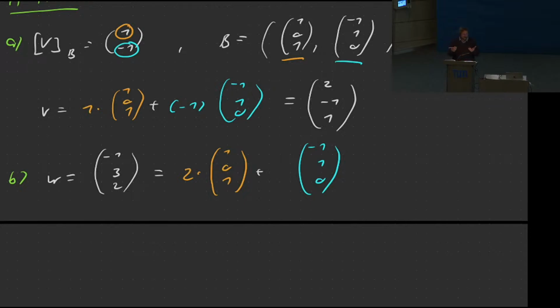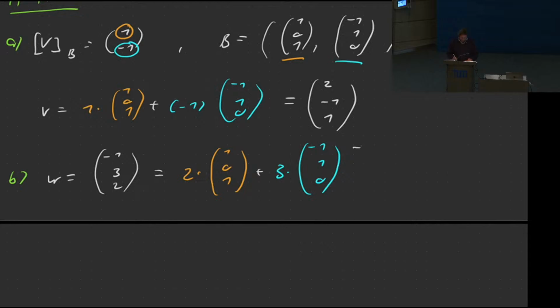The second one can't contribute anything to that third coordinate. And the same works for the second coordinate. We have a 0 here and a 1 here. So now this vector will not contribute anything, and this one has to take care of getting that 3 right. So we need a 3 here. Right? So that determines our solution.